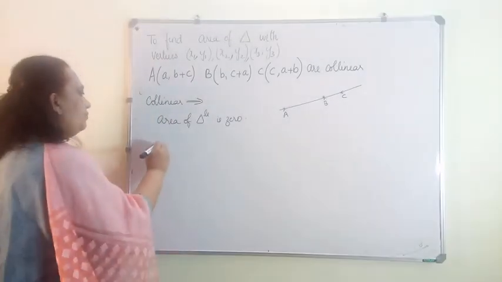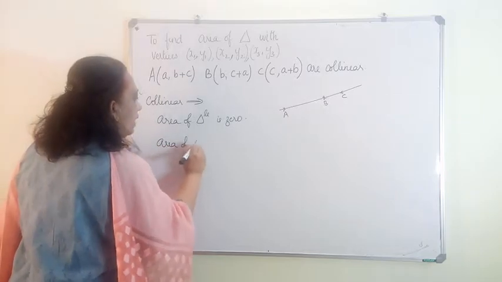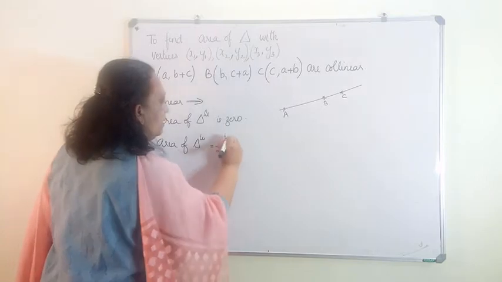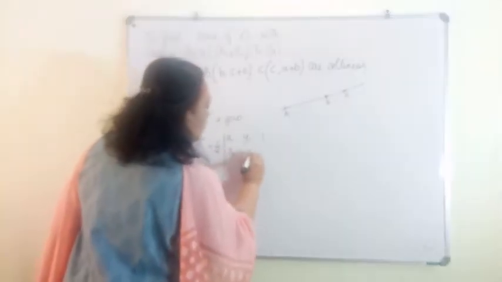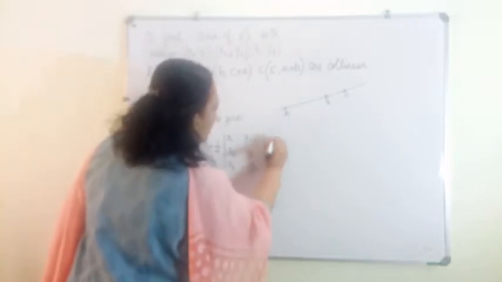Now, what is area of triangle? Area of triangle is equal to half into determinant x1, y1, 1, x2, y2, 1, x3, y3, 1.